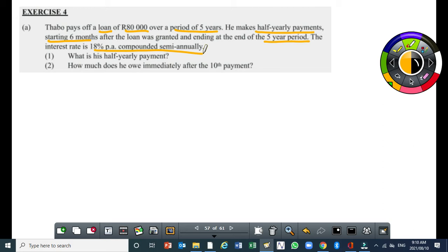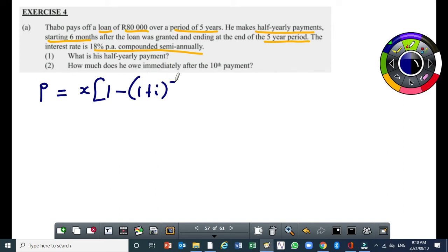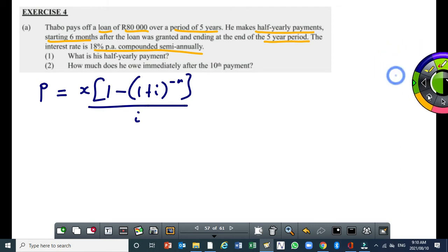That's X. Now, for us to calculate X, obviously we go back to the basics, right? Write the formula P equal to X times 1 minus 1 plus I raised to the power of minus n, all over I.